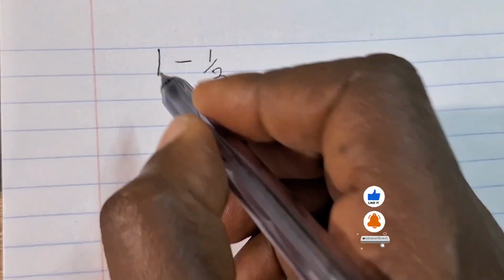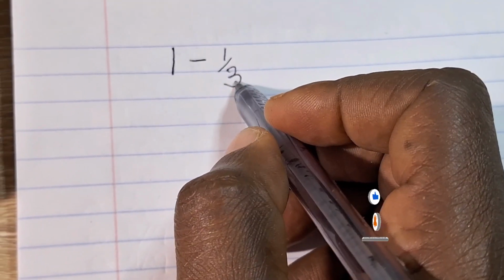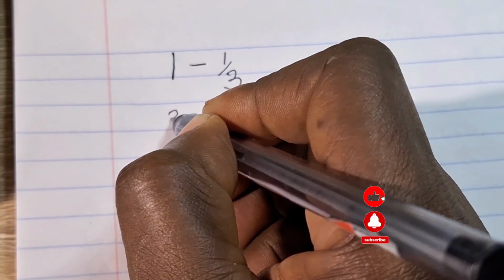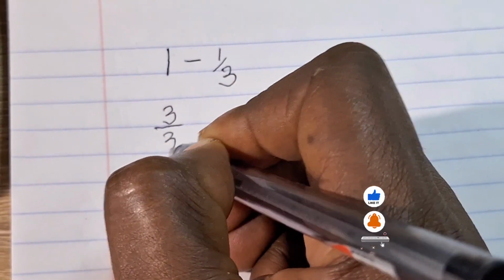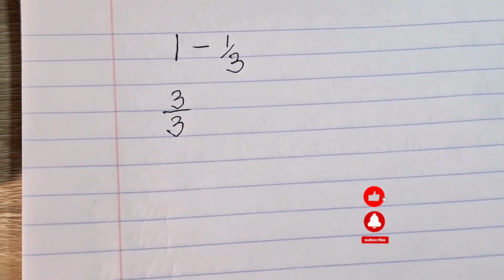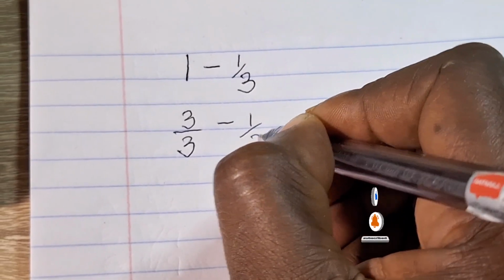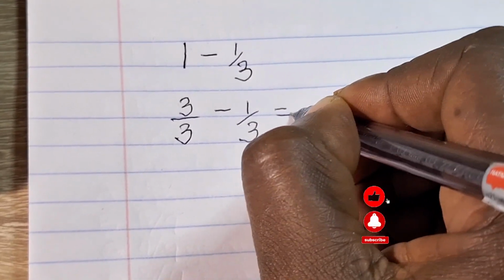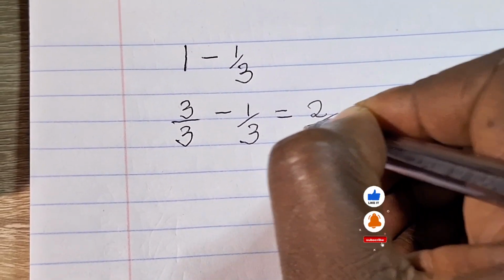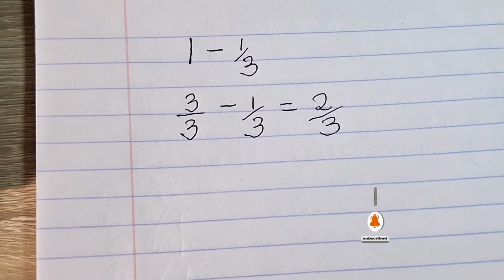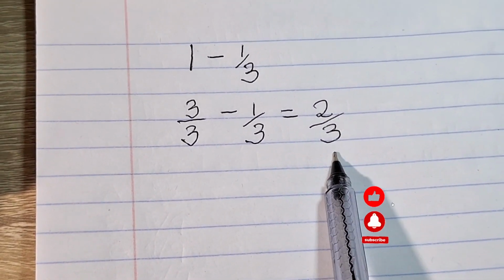Remember, 1 whole can be the denominator over the denominator, just to make the denominators the same, because once you say 3 over 3 is same as 1 minus 1 over 3. This is going to give me 2 over 3. So this is what is left.